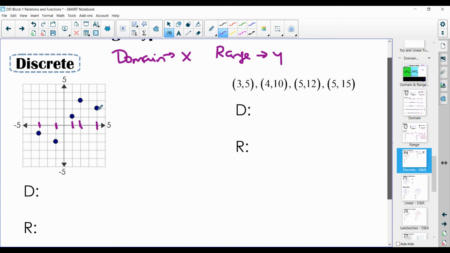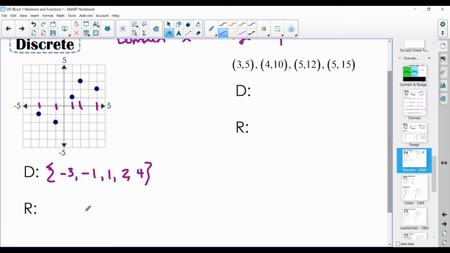So when we're looking at what our x values are, we're only looking where the data exists. And so we would set up a set bracket, and we have -3, -1, 1, 2, and 4.